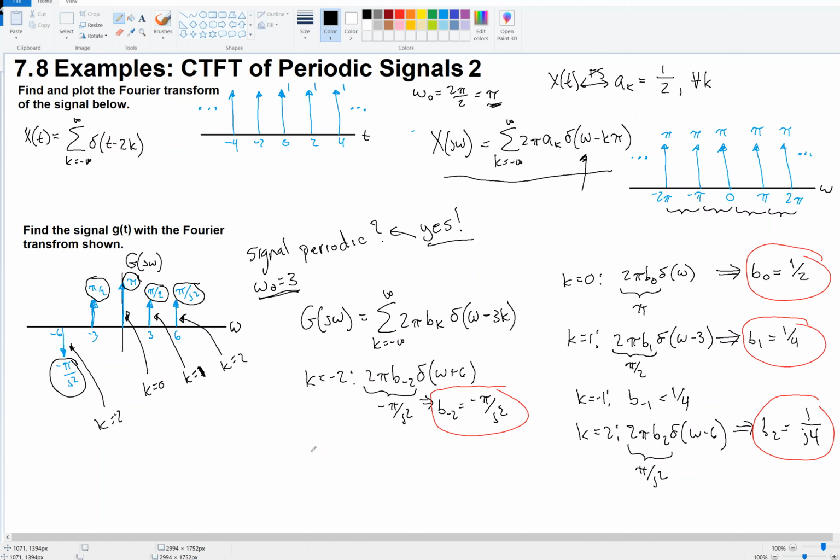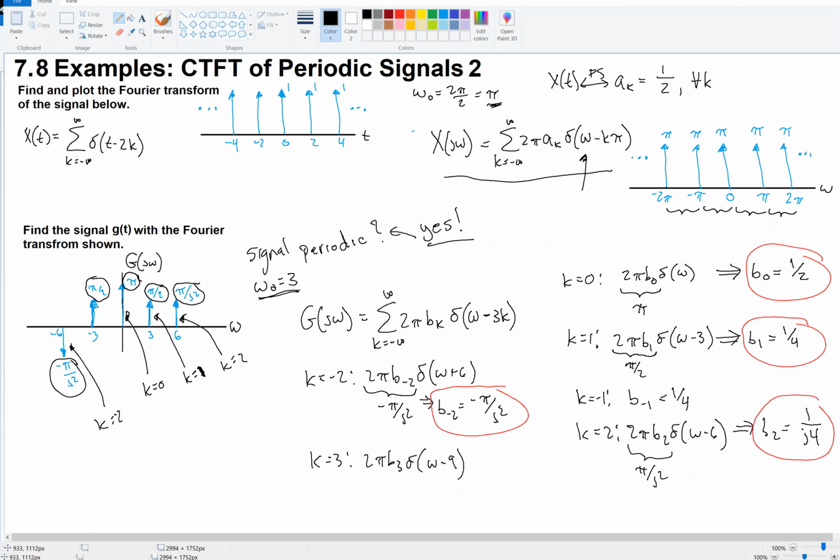Okay, let's plug in k equals 3. Well, I would have 2 pi times b3 times a shifted impulse by 9. Shifted by 9. Uh-oh. I look at my Fourier transform, and I see that I do not have an impulse there.